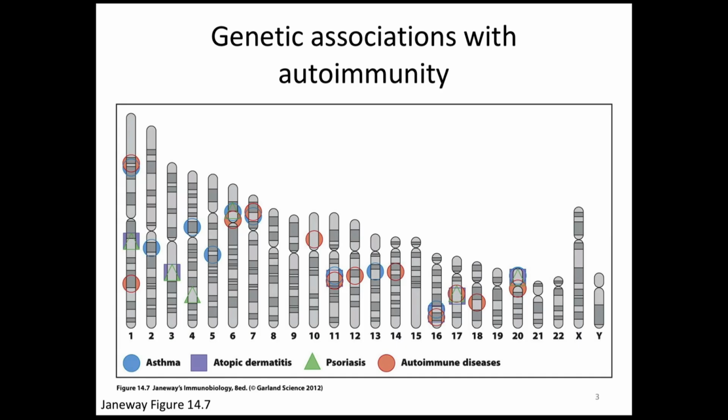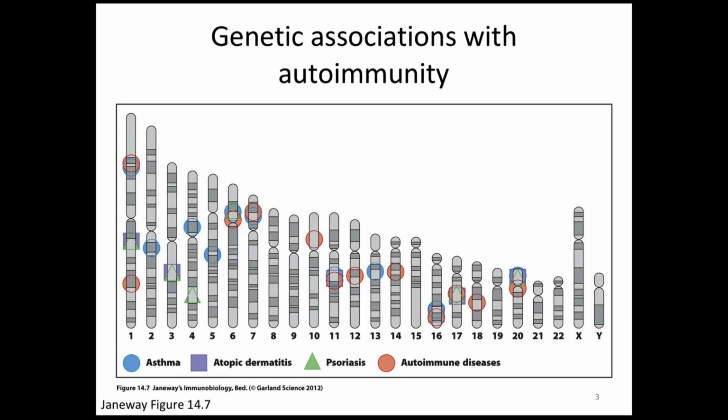Some genes might be linked to only one of these types of disorders. Here, there's something on chromosome 13 that's related to asthma, but not to the others. But there are also lots of places with a bunch of overlap, where the same genes can be involved in many of these different conditions.